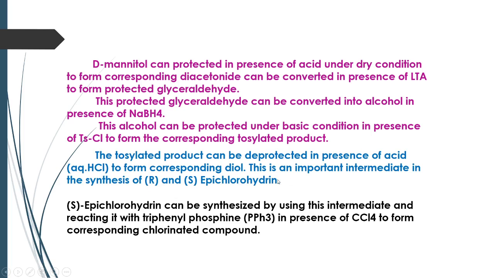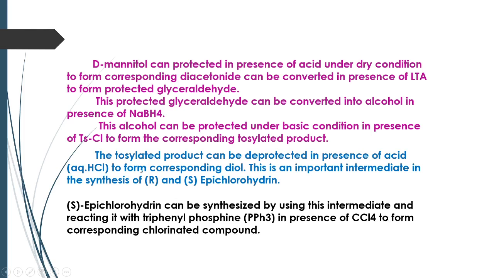So in the first step we see the synthesis of R-epichlorohydrin. And the S-epichlorohydrin can be synthesized by using this intermediate and reacting it with triphenyl phosphine, that is PPh3, in presence of carbon tetrachloride, that is CCl4, to form the corresponding chlorinated product.